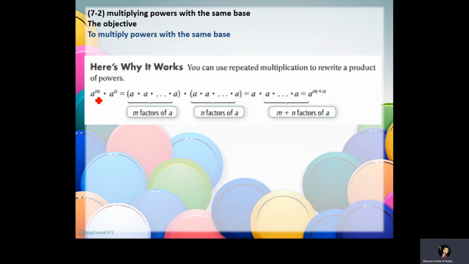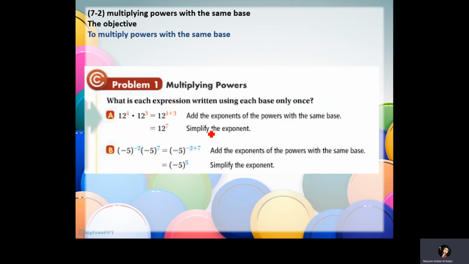Here is more explanation. a to the power m means you factor a m times. Multiplying by a to the power n, you multiply a by itself n times. So finally the result will be a to the power m plus n. Let me give you examples so you can understand the idea.